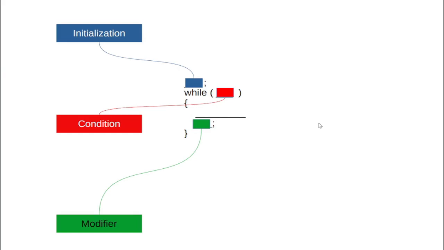I'll give you examples when we do that. So the very first thing is the initialization, which is outside. The condition comes here. The word while is the construct, a keyword. And in these function brackets, you have the condition. And then in these curly braces, or the body of this loop, you have the modifier.